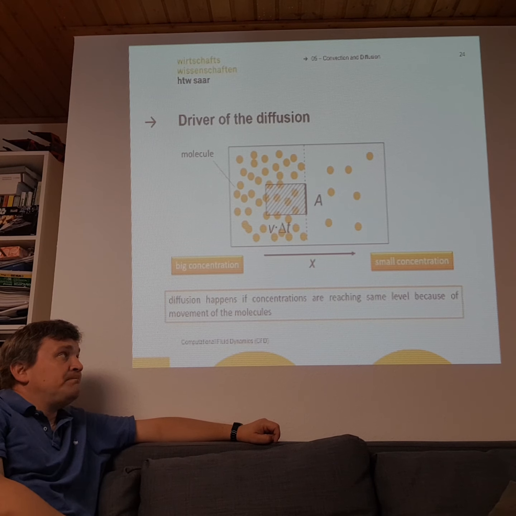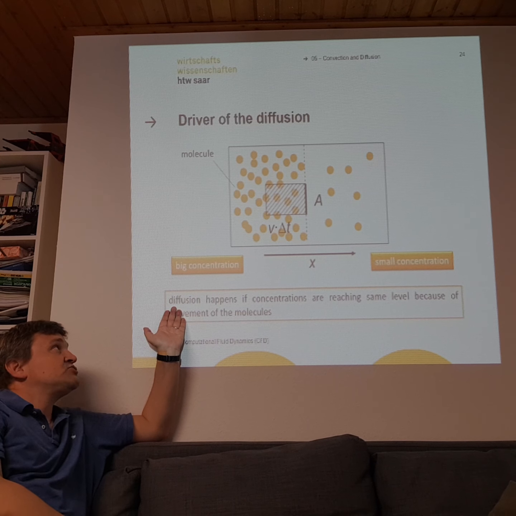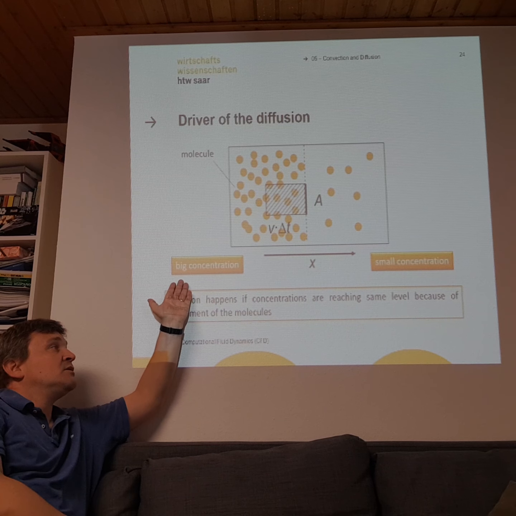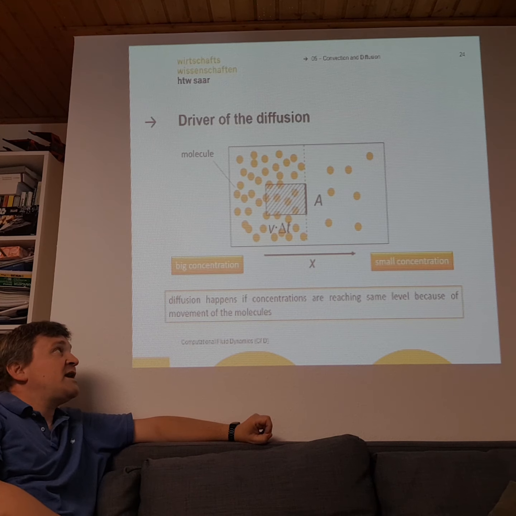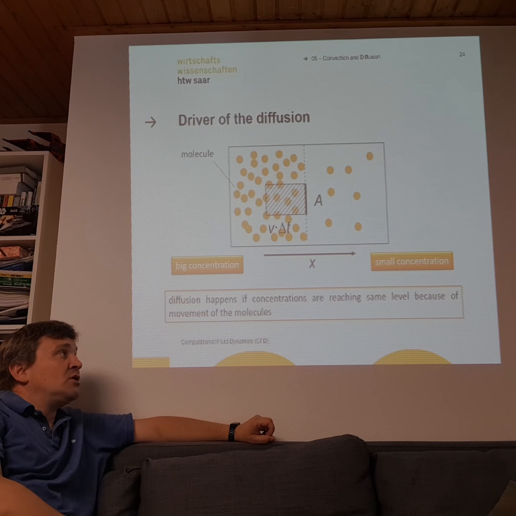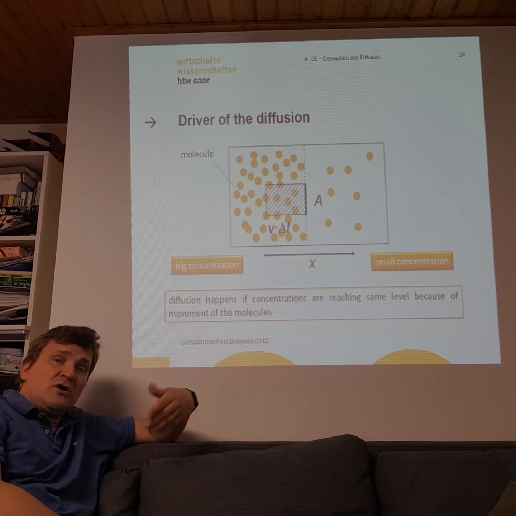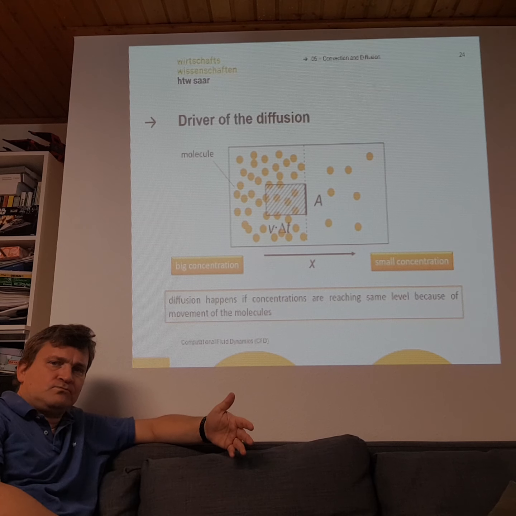So molecules always try to move from areas with high concentration to areas where the concentration is smaller.